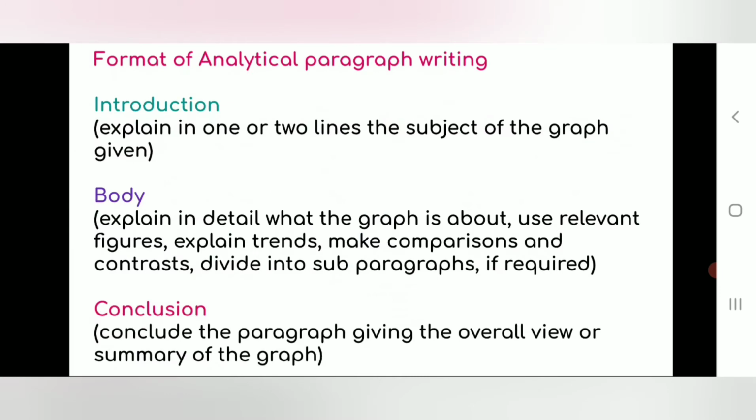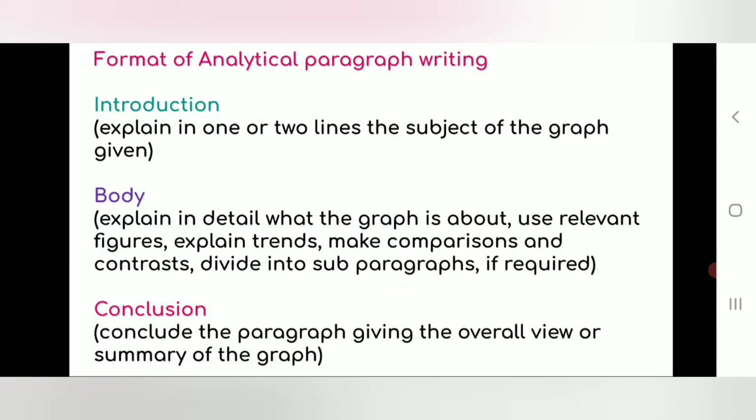So, format of an analytical paragraph writing, I have told you 3 formats are there. In the first, the introduction, you are going to explain in 1 or 2 lines the subject of the graph given. Understand? And in the body, you are going to explain in detail what the graph is about. Understand? It can be about population, I have told you. It can be about the result.